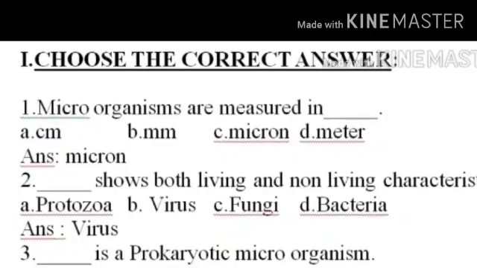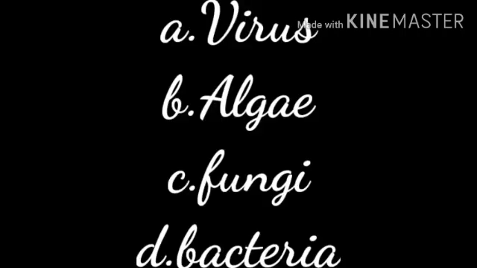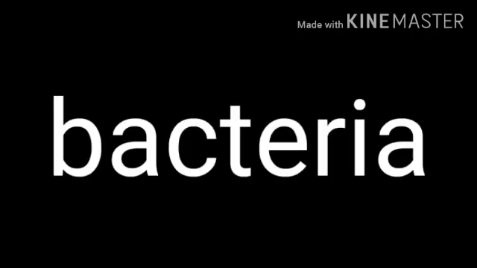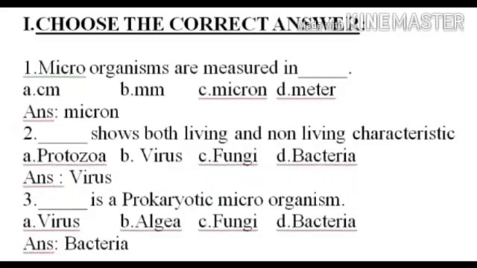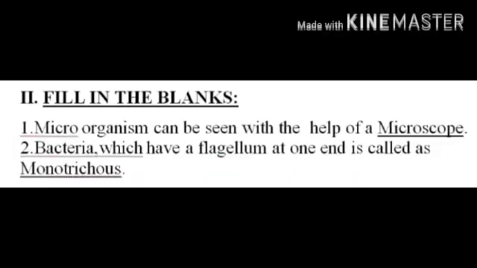Third question, dash is a prokaryotic microorganism. Options are A virus, B algae, C fungi and D bacteria. The answer is D bacteria. The next Roman letter is fill in the blanks.